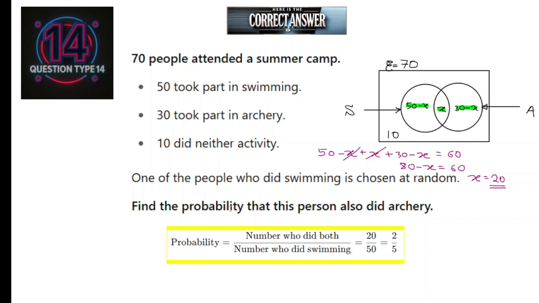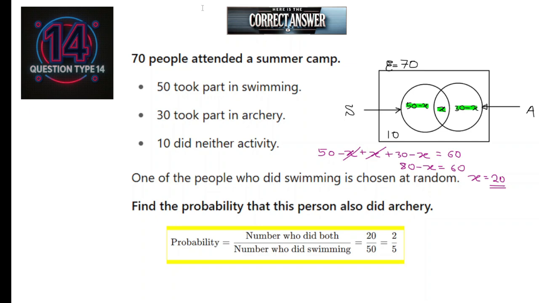The probability of the person chosen also did archery, provided that the person did swimming. Now, number who did both is 20, divided by the number who did swimming, because it was chosen from that number, that is 50. So 20 over 50 or 2 over 5.